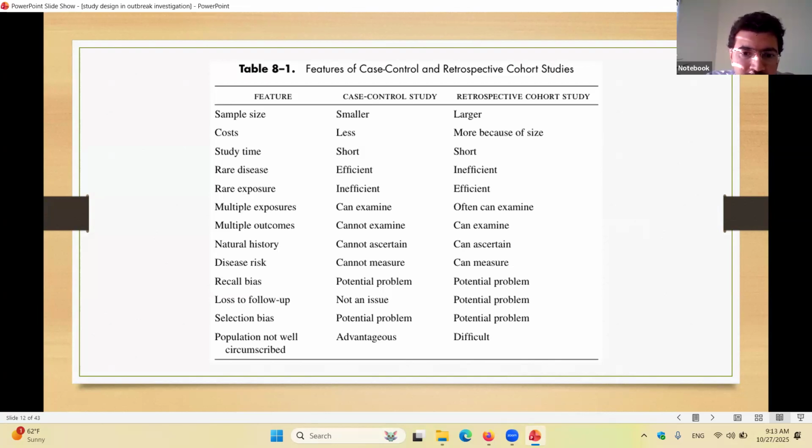Loss to follow-up is not an issue in a case control study because we are not following up the individuals in a case control study. But as we follow up the individuals in cohort studies, loss to follow-up may be a potential problem in cohort studies.